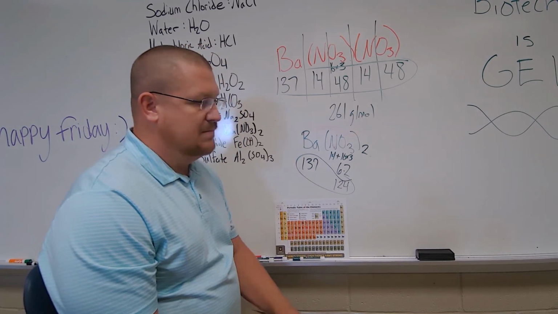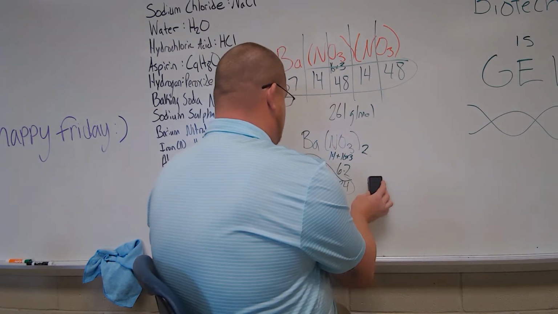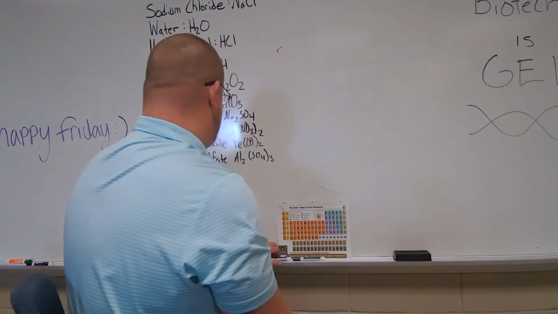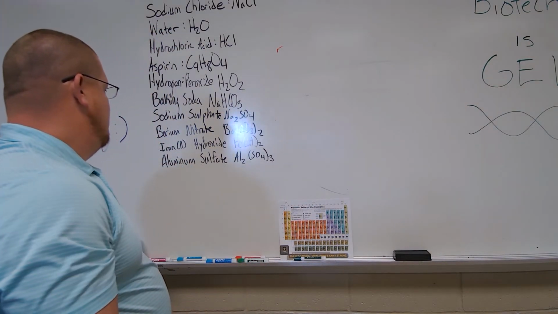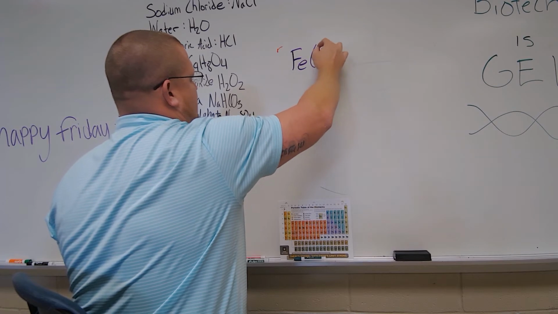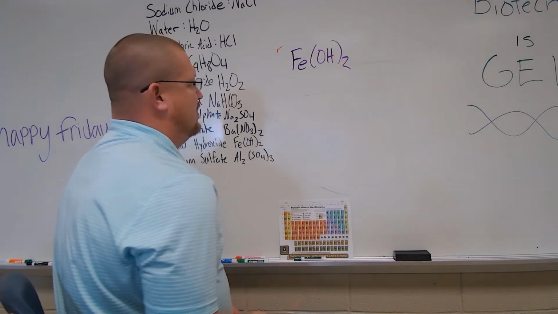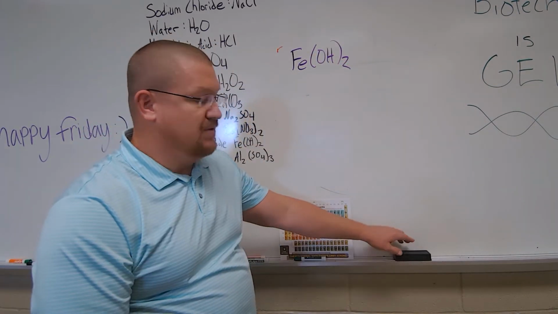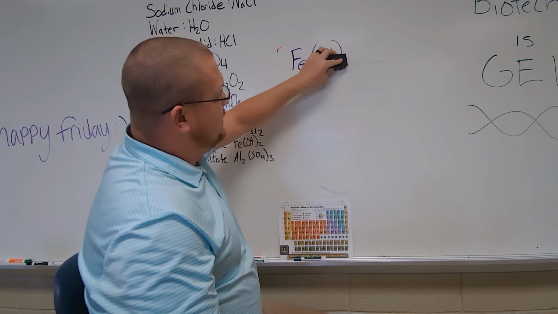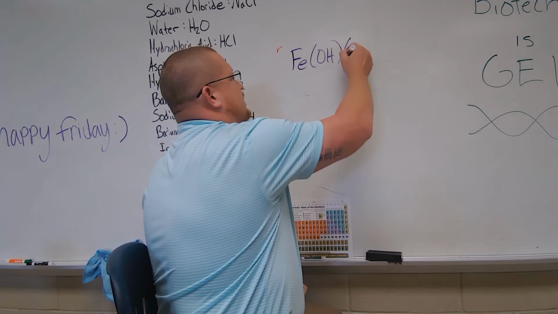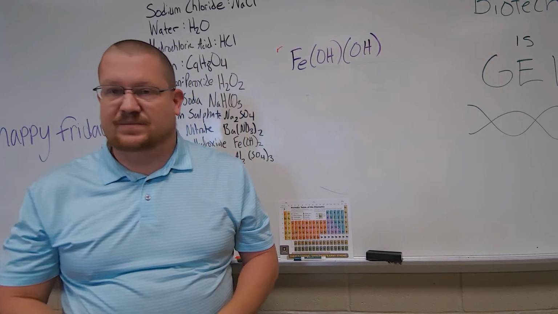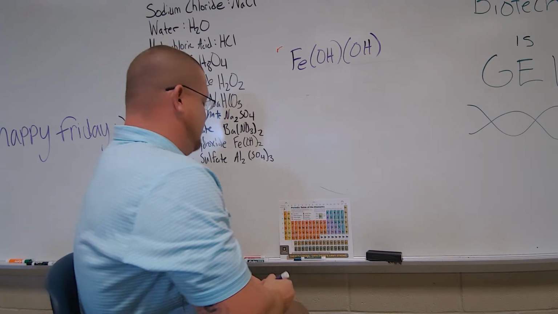All right, moving on. Iron 2 hydroxide, FeOH2. All right, so remember what we're going to do right now, and you don't have to do this if you're getting good at it. We're just going to take that 2 away and say, okay, there are 2 of these. Right? So now we're going to work through it.